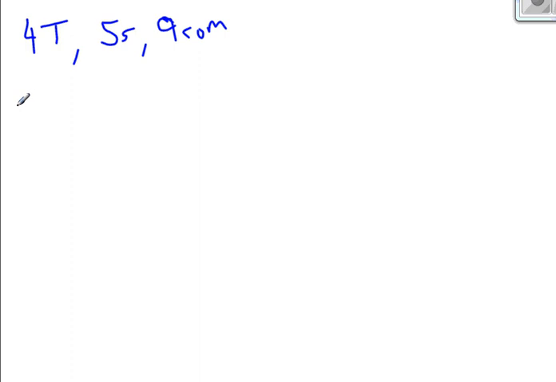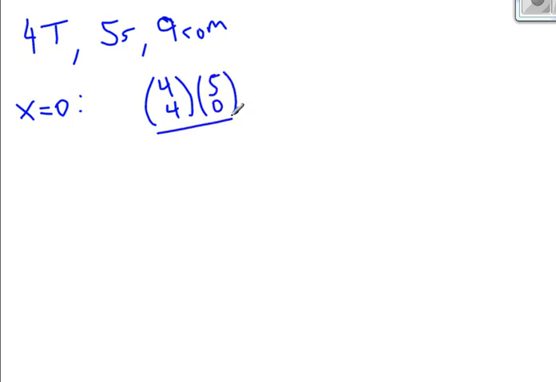So what's the probability that x equals 0? In other words, the probability that I have 0 students. So if I want 0 students, I need to have 4 teachers and, of course, 0 students. And the sample space, well, we saw the sample space in the first video. The sample space is that there are 9 people and I want 4 of them on my committee. So 4 choose 4 times 5 choose 0 is 1, and that's out of 126.